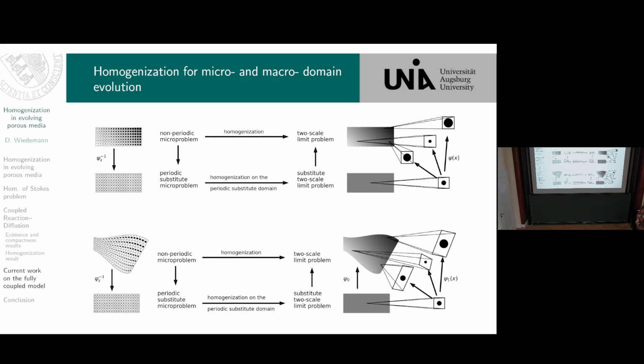Now, for example, if we want to consider some elastic material, we have maybe also some microscopic deformation because someone wants to pull this domain, or maybe we have evolution inside the cells which is so large that it even affects the macroscopic shape of the object.